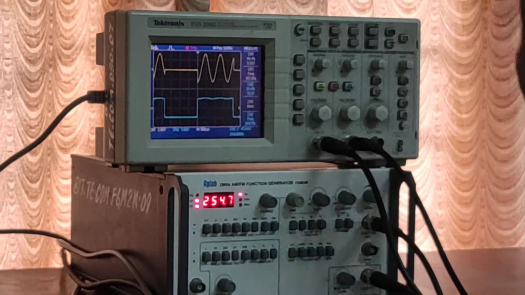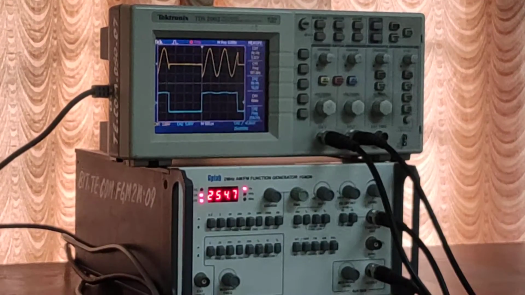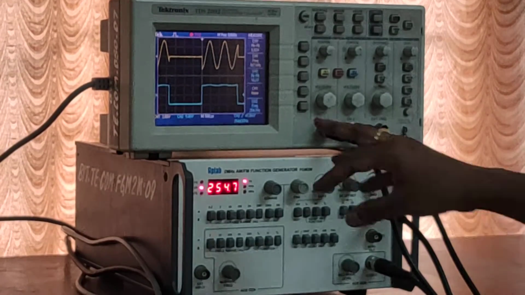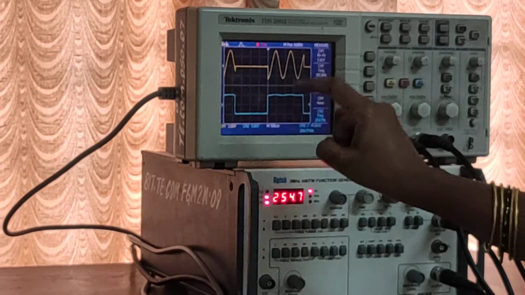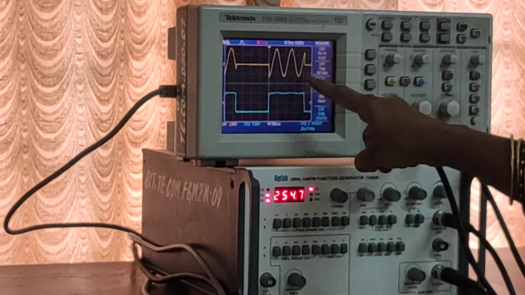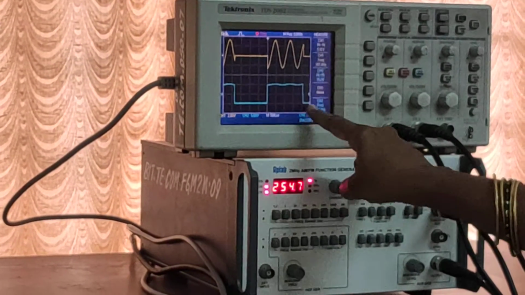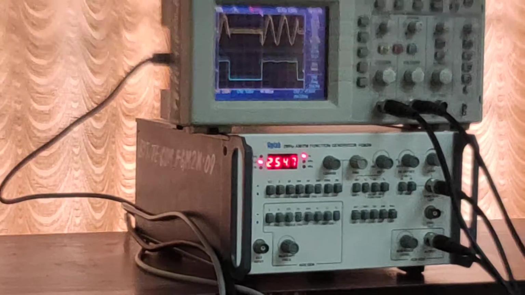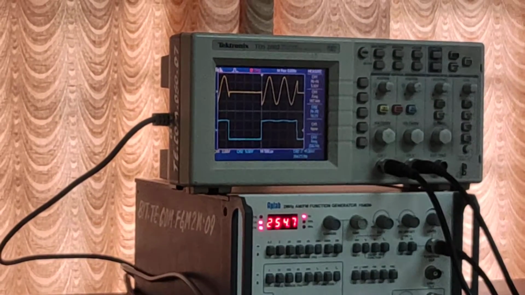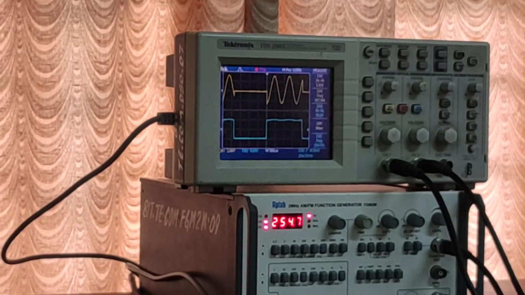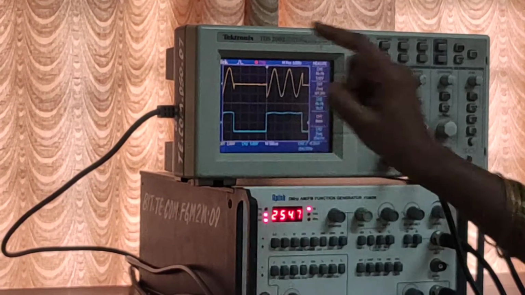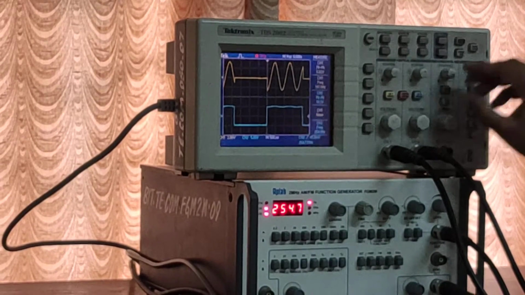As per the definition of ASK, whenever the modulating or binary signal is logic 1, the carrier should appear for as long as you get a binary 1. This is a duration of approximately 2 milliseconds, and when the modulating binary input is 0, then the output will be 0. So this is your ASK signal.